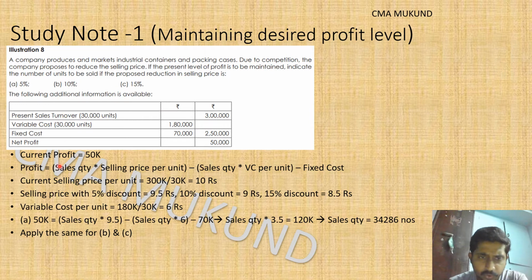Let me give you the formula for profit, which we have also seen in our earlier problems in the last two classes. P&L profit is sales quantity multiplied by selling price per unit, which is nothing but the turnover or total sales, minus sales quantity multiplied by the variable cost per unit.